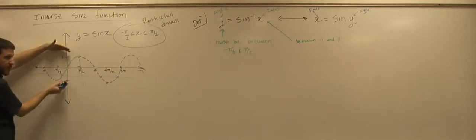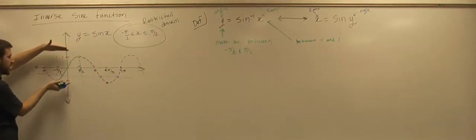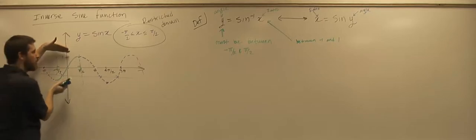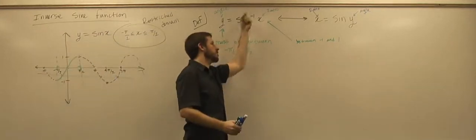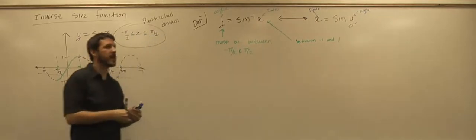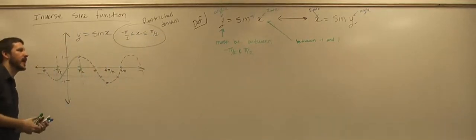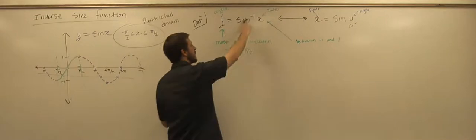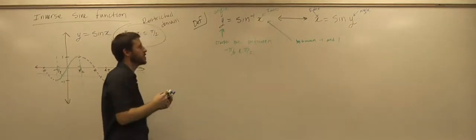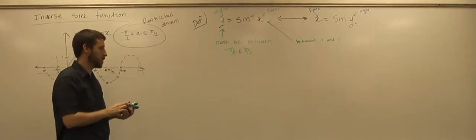That's the range over here. The ratios you get out of sine are always between negative 1 and 1. So the ratios you put into sine inverse must be between negative 1 and 1. If you put anything outside of that, sine inverse is going to die. Sine inverse won't know what to do and it'll explode.